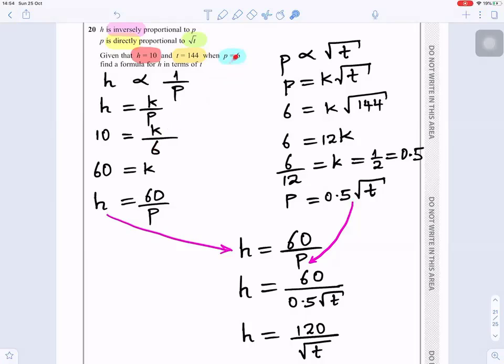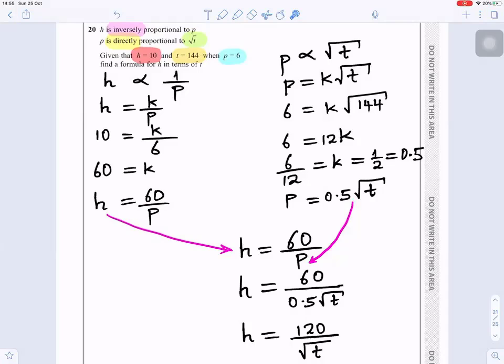Sub in 6 for P and 10 for H, and you can work out K. 10 times 6 is 60. So that gives K to be 60. If K is 60, you can write the equation as H equals 60 over P for that first part.